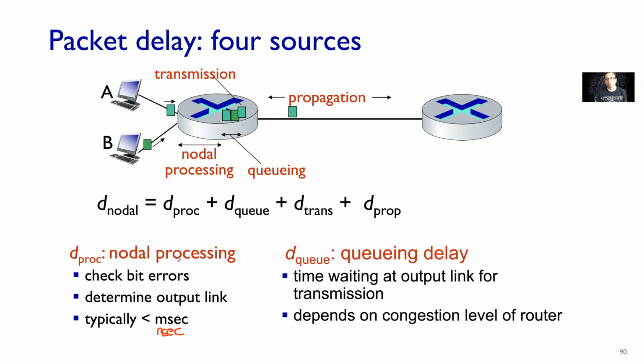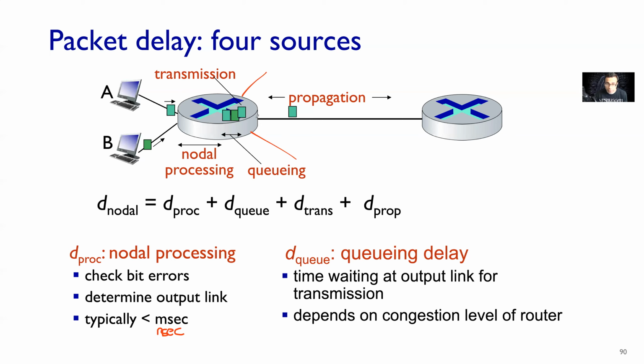The next is the queuing delay. If you look at the exact sequence, at least in this abstract sense, a packet arrives. The first thing that happens is the packet gets processed. Then once we know where the packet is headed, because remember, each switch will have multiple links, the next thing the router needs to do is send this packet out on that outgoing link.